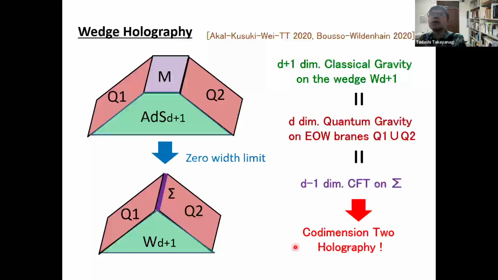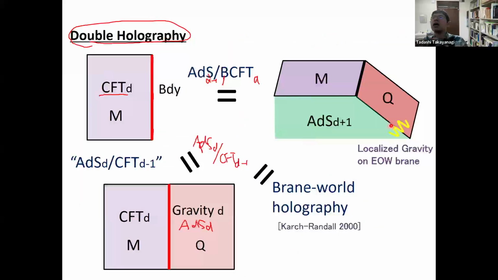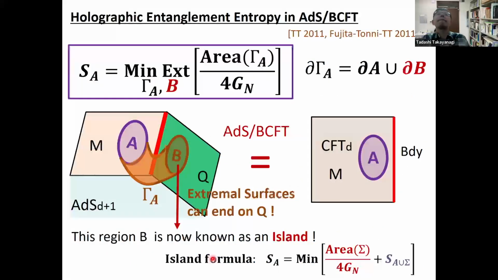This is a very important point. So here is the answer to that question. How can we calculate entanglement entropy for BCFT? To define BCFT entanglement, this is a BCFT, right?